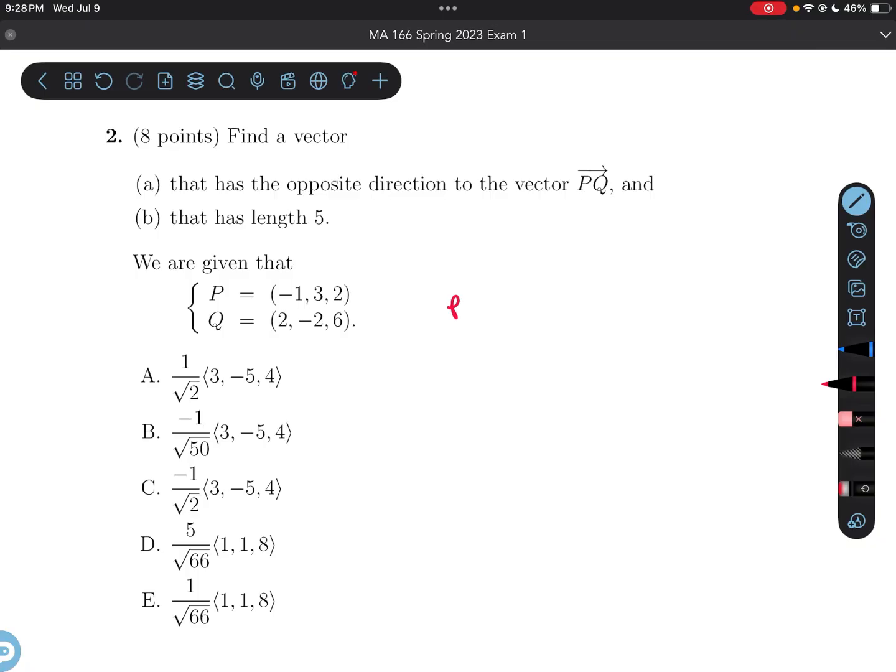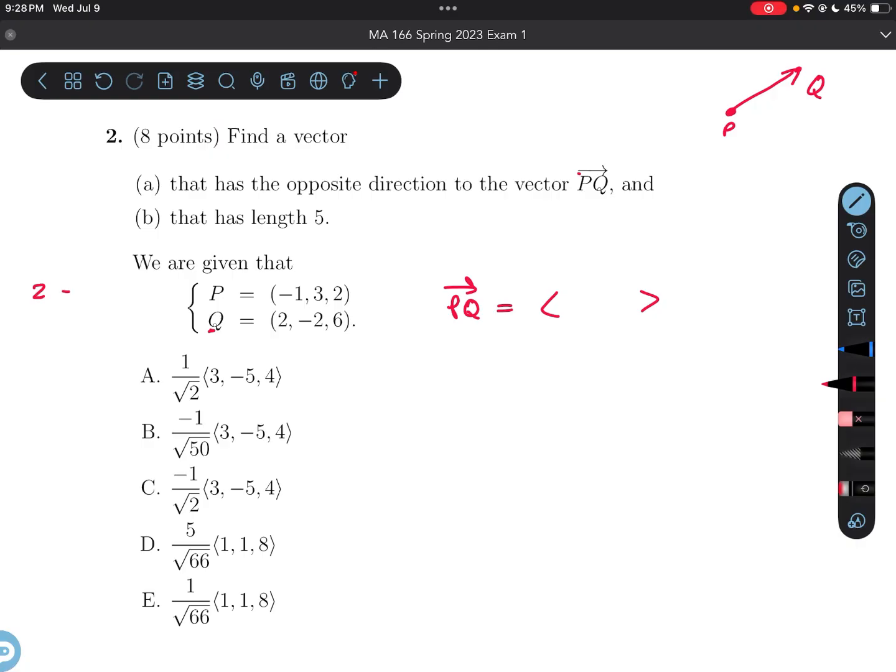The way we find the value of a vector given two endpoints: the arrow PQ starts from P, the starting point, and ends at Q, the ending point. So to find PQ, we take the end point, Q, and subtract P from Q. We subtract the starting point from the ending point.